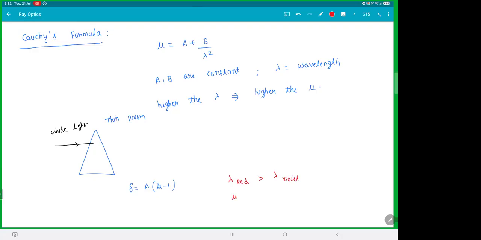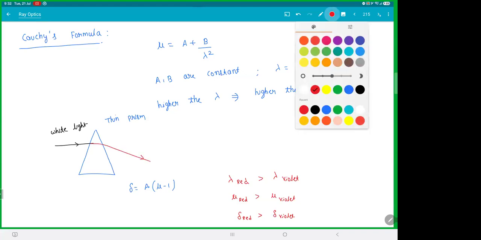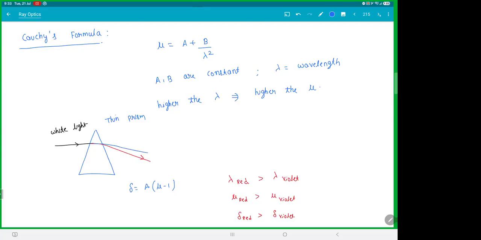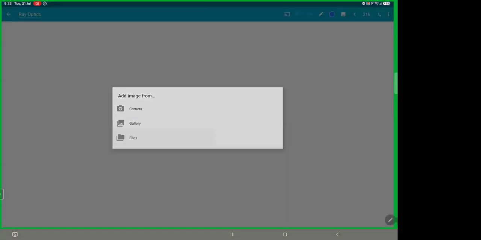Therefore, refractive index of red is greater than refractive index of violet. Therefore, deviation of red is greater than deviation of violet. Means if you send a white light through it, the red will deviate more, and the blue will deviate less. The two light rays will come out at different angles. They won't come out at the same angles. So if you send a white light, it has multiple wavelengths. This is how the picture will look like.